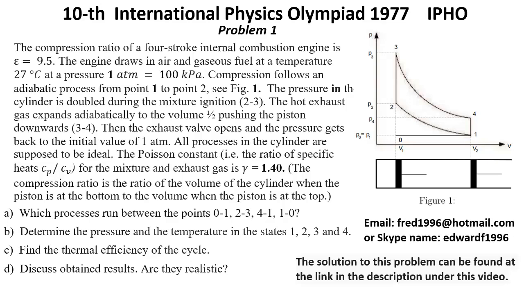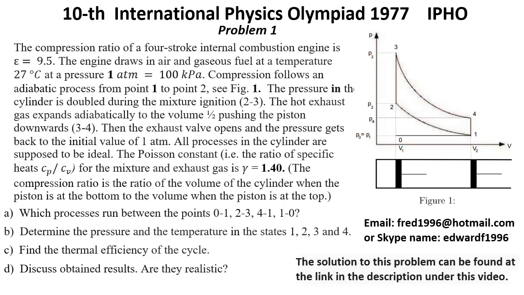The Poisson constant, the ratio of specific heats Cp over Cv, for the mixture and the exhaust gas is gamma equal 1.40. The compression ratio is the ratio of the volume of the cylinder when the piston is at the bottom to the volume when the piston is at the top.